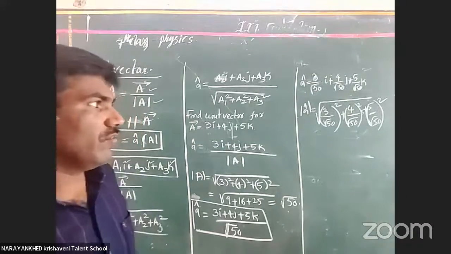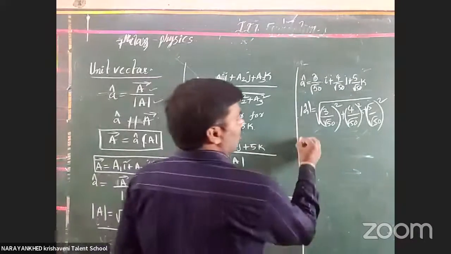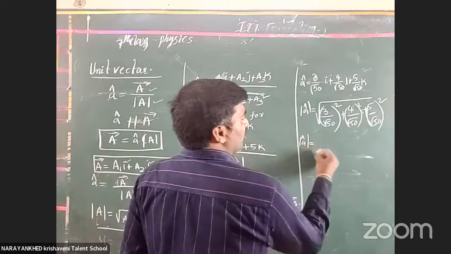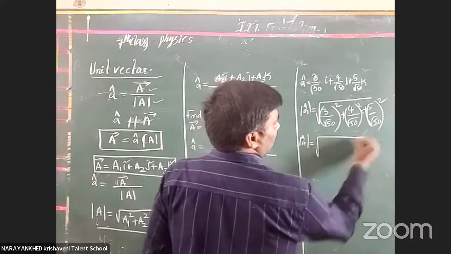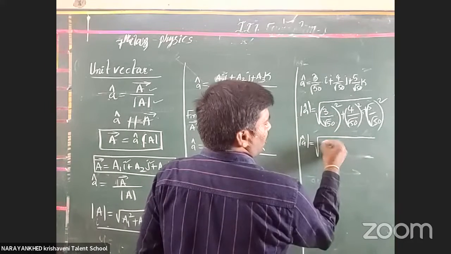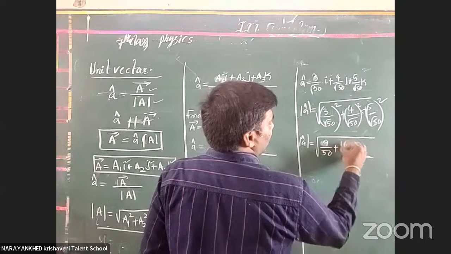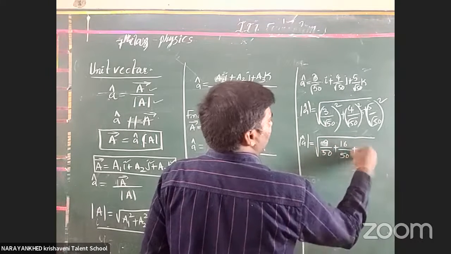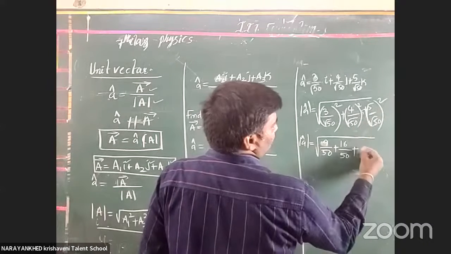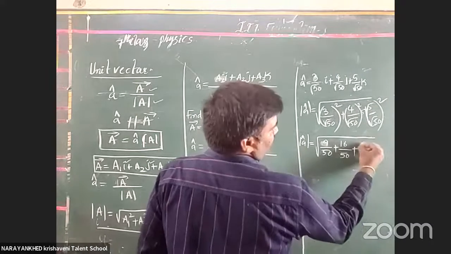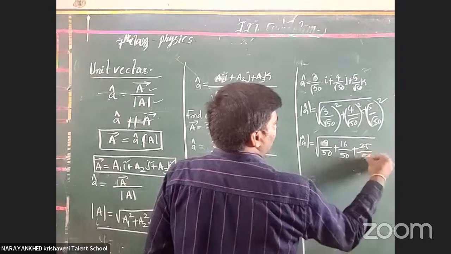One second here. It is under root of 9 by 50 plus 16 by 50 plus 25 by 50.